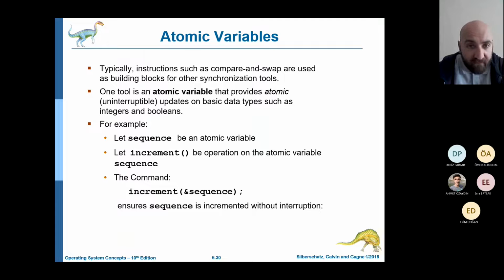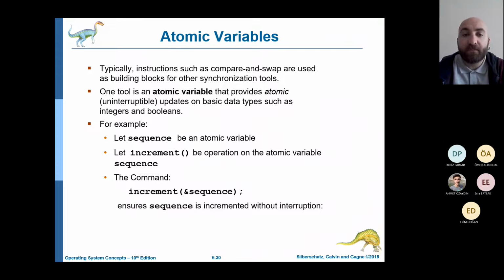We know from previous sections that incrementing or decrementing an integer value may produce a race condition. Atomic variables can be used to ensure mutual exclusion in situations where there may be a data race on, let's say, a single variable while it's being updated, as when a counter is incremented.